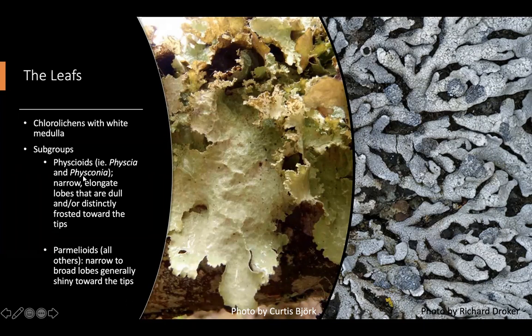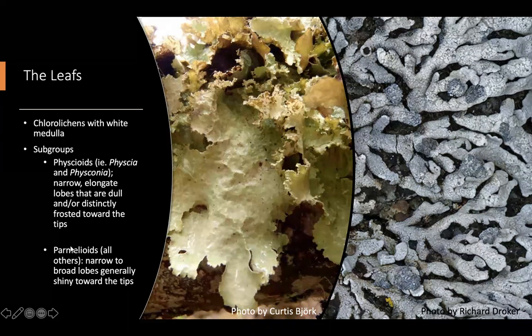We're not going to learn about these in the Fungal Kingdom 2020, although you may encounter these in the field. So look for species with narrow elongate lobes that are dull or distinctly frosted towards the tips. We call this frosting pruinose, or pruina, and you can see that on this sample of Phaeophyscia americana on the right.